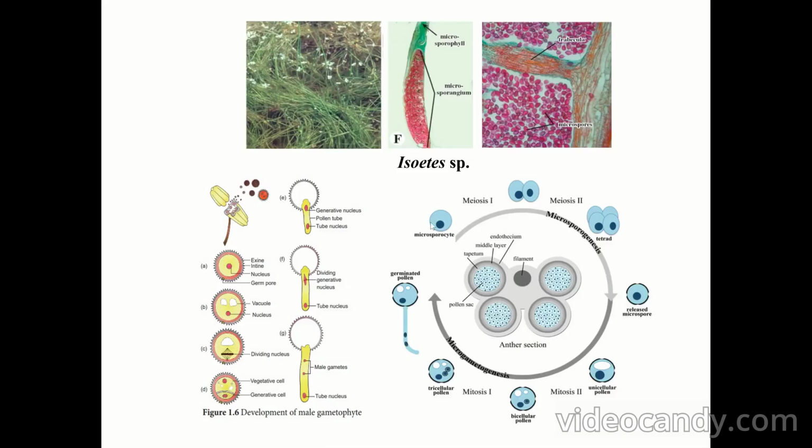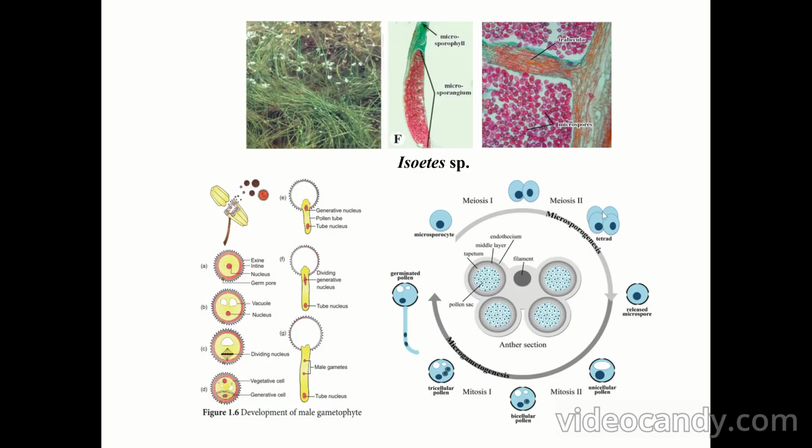As I mentioned, pollen grains are produced from the microspores. The microspore mother cell undergoes meiosis 1, which is a reductional division, and forms two cells. That stage is called the dyad. It also undergoes meiosis 2 to form a tetrad structure.